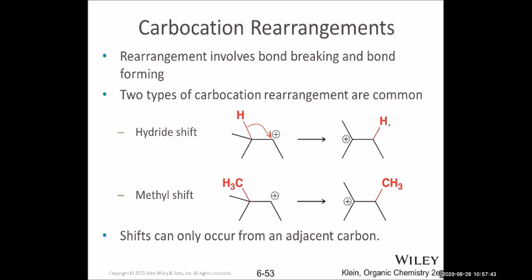After moving to the new location, you notice this carbocation now has 3 alkyl groups, 3 methyl groups. This carbocation is a tertiary carbocation, much more stable than the secondary. So that's the driving force for this reaction taking place.